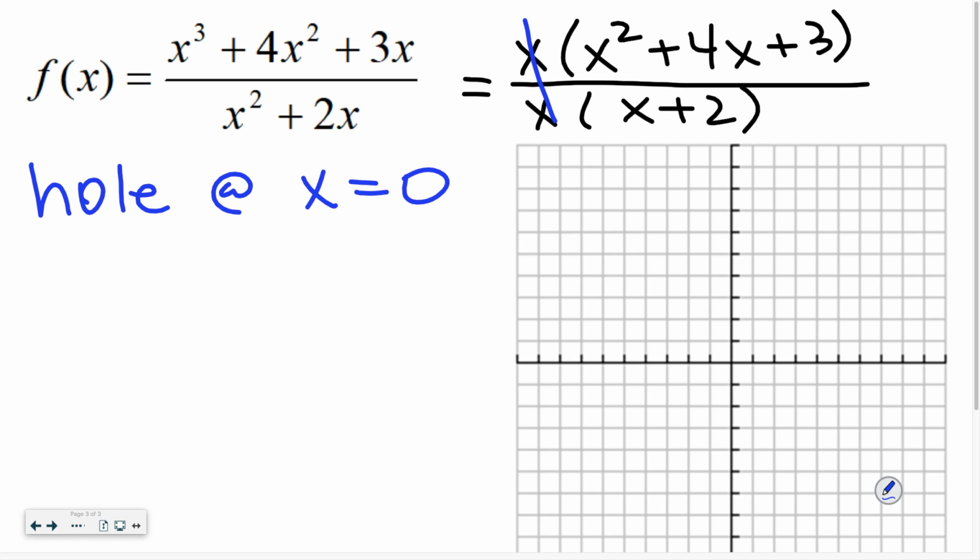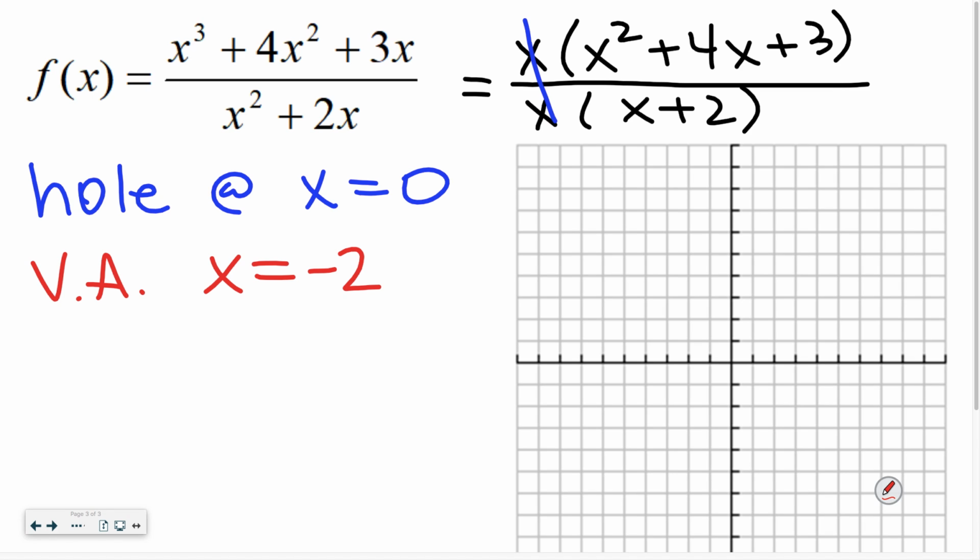We have a hole at wherever this factor is. Since it's x, we have a hole at x equals 0. Okay? With our new rational, our denominator is 0 at x equals negative 2. Do you notice I'm writing x equals negative 2? Please write it as a line.